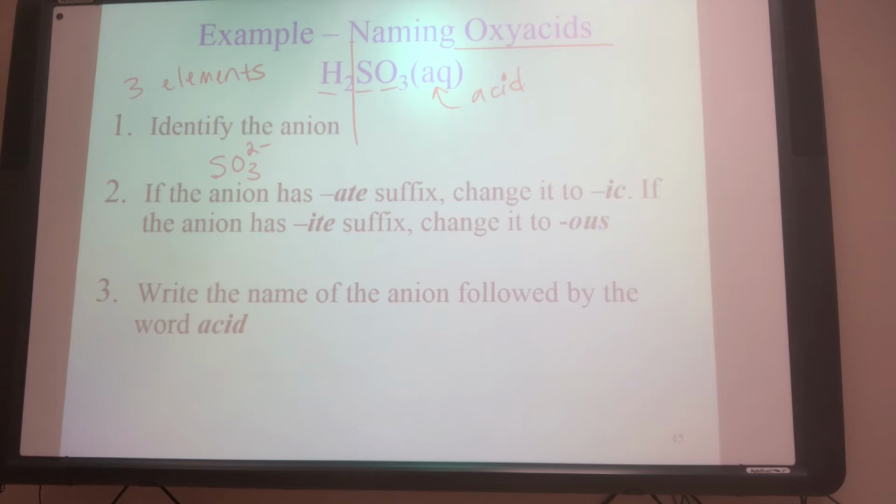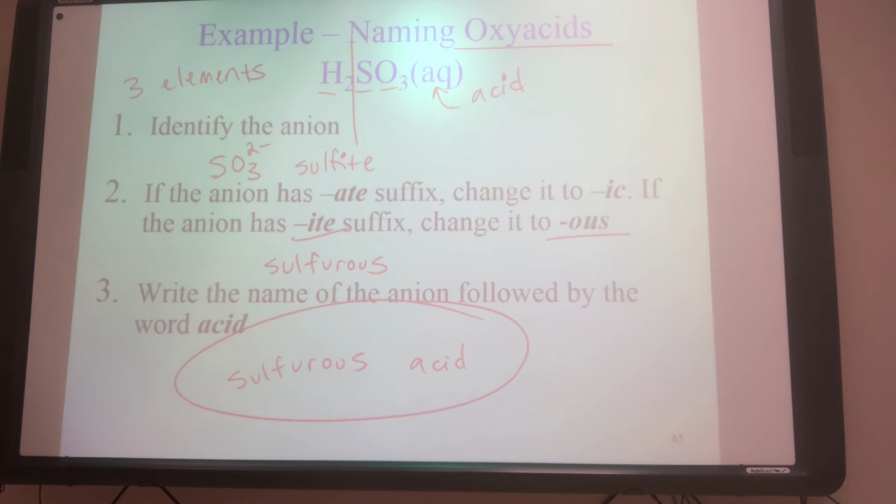Now I have to figure out his name. You can go to your polyatomic ion chart if you don't have it memorized and see that SO3 2- is sulfite, I-T-E. So if it's I-T-E, then the acid is going to end in -ous. So yet again, it's not sulfous, it's sulfurous. Another thing just to get practice with, and then we add the word acid.